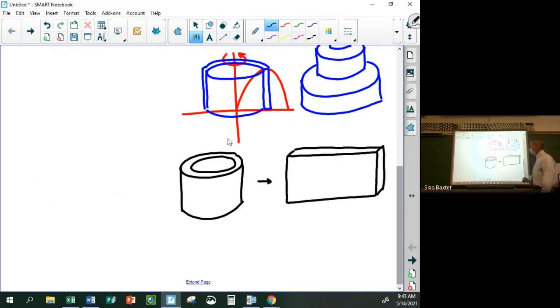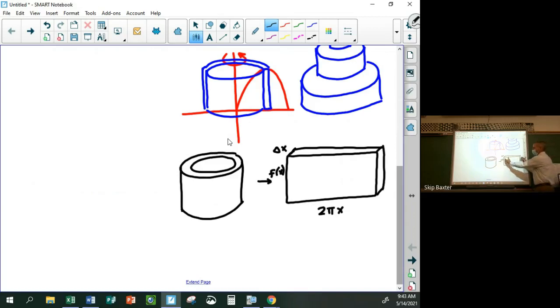Do you agree? This distance is going to be 2 pi r, or 2 pi x, right? This distance is going to be f of x. And the thickness is going to be the dx, or the delta x, the change in x, right?